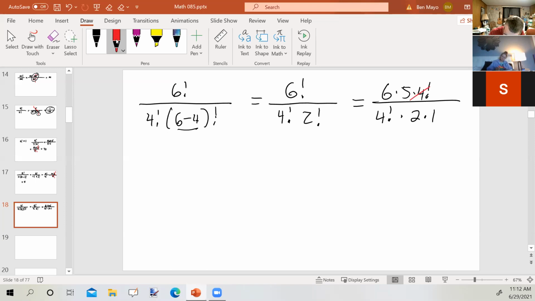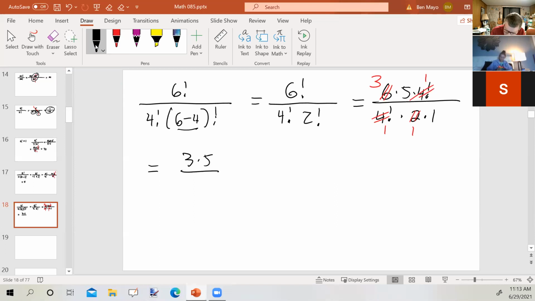Again, do you see how I'm pulling things apart so that I can reduce them out? So now the 4 factorial in the numerator and the denominator reduces down to 1 over 1. I can reduce this thing further. The 6 over the 2 reduces to 3 over 1. So now in the numerator, I've got 3 times 5.